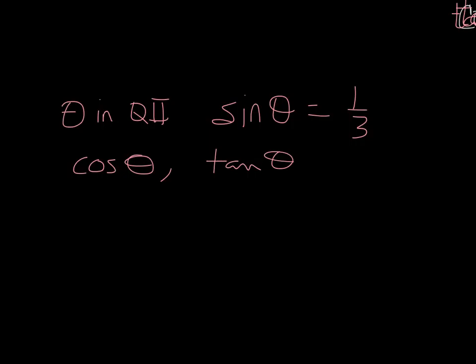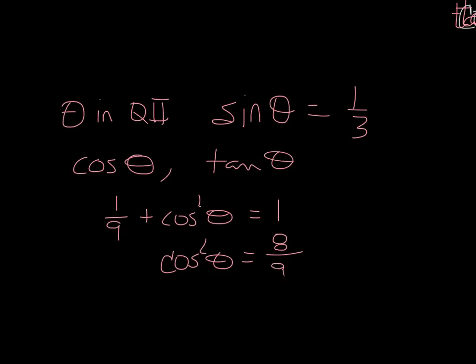Okay, so we've got 1/9 plus cosine squared equals 1. So cosine squared theta equals 8/9. So the cosine of theta, when I take the square root of both sides, I get a positive and a negative.